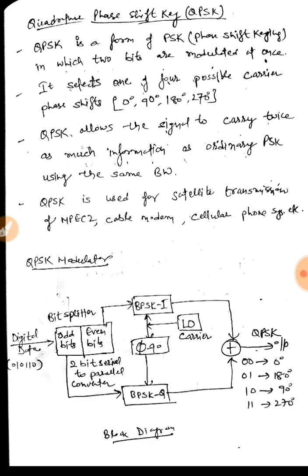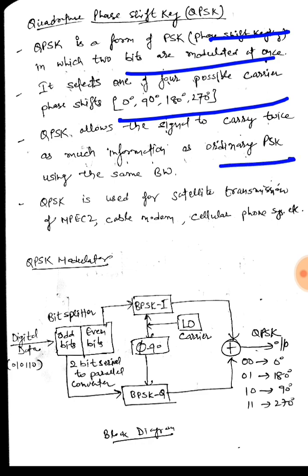So QPSK is a form of PSK, phase shift keying, in which 2 bits are modulated at once, while in BPSK only one bit was modulated at once. So it selects one of the four possible carrier phase shifts, that is 0, 90, 180 and 270 degrees. QPSK allows the signal to carry twice as much information as ordinary PSK using the same bandwidth. So this is one of the major advantages of QPSK.